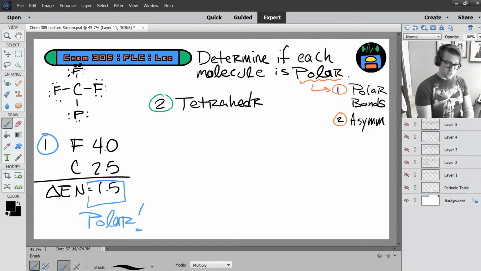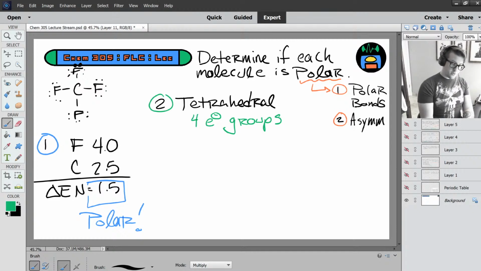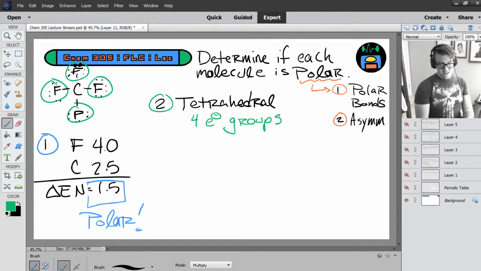So here we have a tetrahedral geometry, which means that we have 4 electron groups. And when you look at the molecule, we have 1, 2, 3, 4, the same atom at every position, which makes this symmetric.